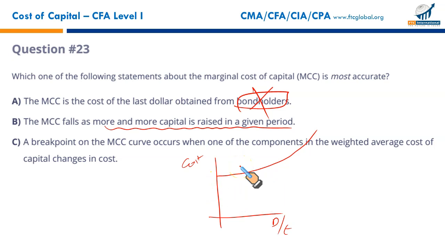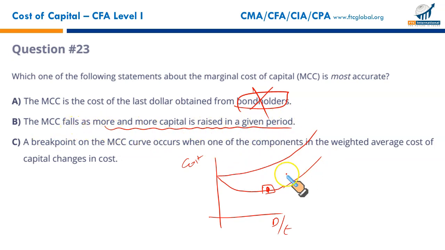It attracts tax savings. Interest is a tax deductible expense. So when you add some part of debt to it, cost falls. And after a certain point, which is the optimum point, the cost starts going up. Means additional debt will be expensive. A certain point will be reached where the cost of capital would be lower, but additional debt will cost you more. Resultantly, the cost will go up.